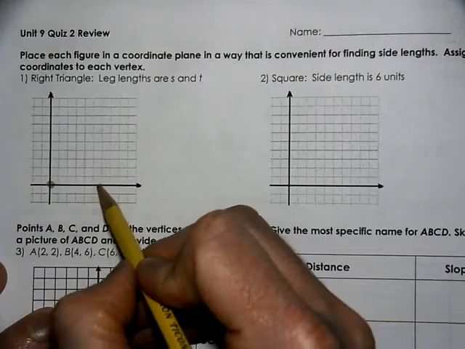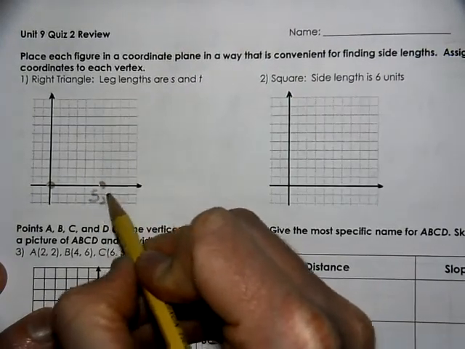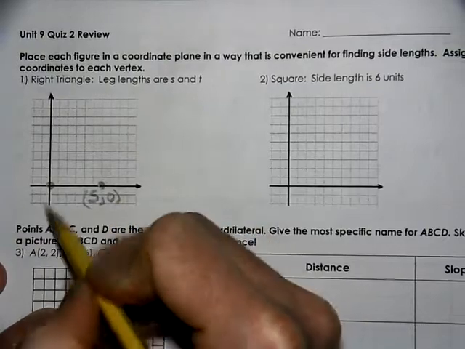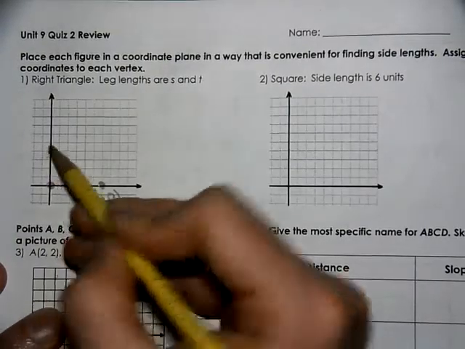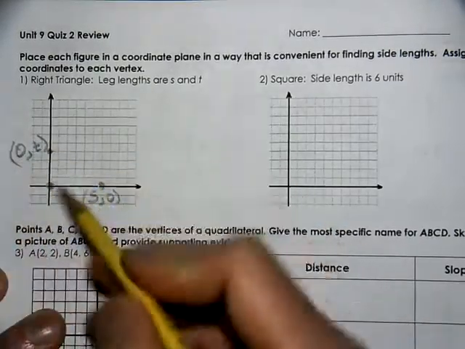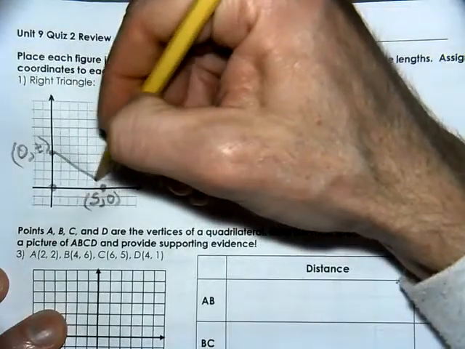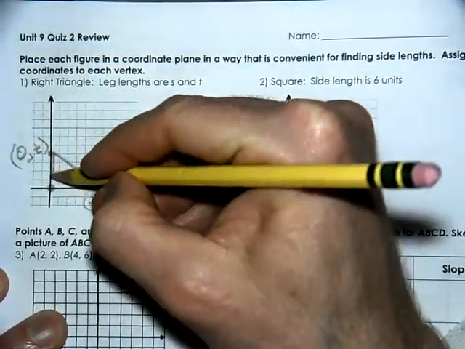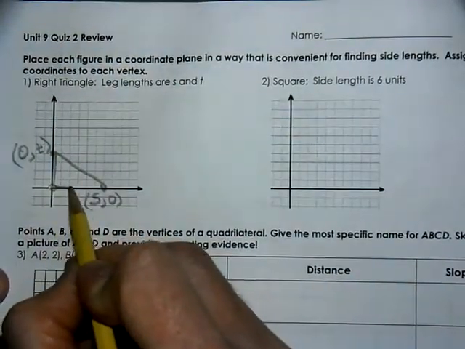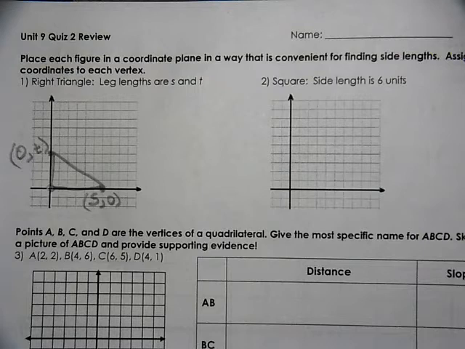We want a length of s, whatever length that might be, so we have s, comma 0, and then we could have 0, comma t. You could have it go the other ways if you wish, but that would be a right triangle. That meets the requirements of having legs at s and t.